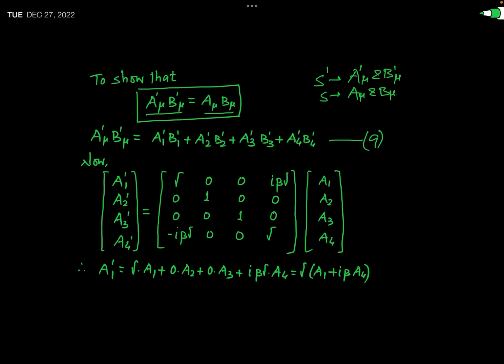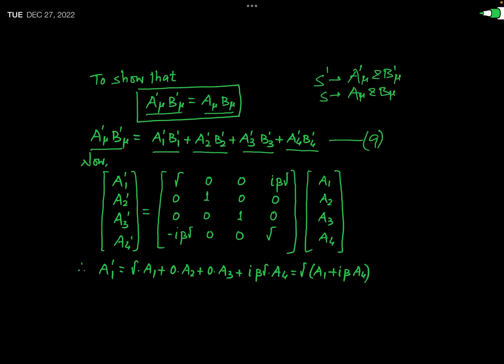Now A prime mu times B prime mu is defined, as we have learnt, as A1 prime times B1 prime plus A2 prime times B2 prime plus A3 prime times B3 prime plus A4 prime times B4 prime. This is just the definition of a scalar product of two 4 vectors.